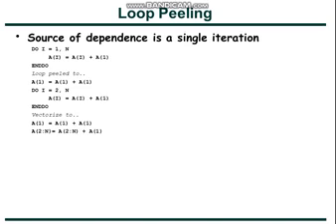Then the 50th iteration would be executed in sequence separately, and after that the remaining iterations from 51st to n would be executed in another loop. So the first loop would be vectorized, then the 50th iteration would be executed, and then the remaining part of the loop would be vectorized. Okay, so this is all about loop peeling.